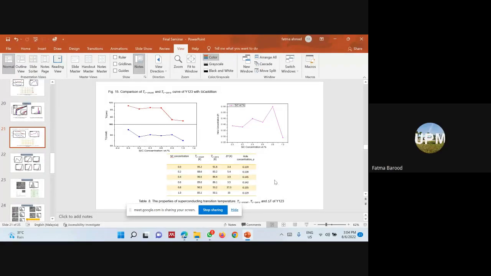Okay, for TGA, I haven't done the characterization yet, but for our purpose, we do TGA only for pure powder of YBCO, not for the additive addition, to determine which sintering temperature we use for this compound.